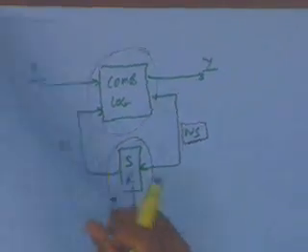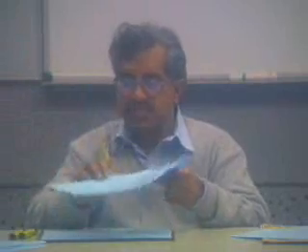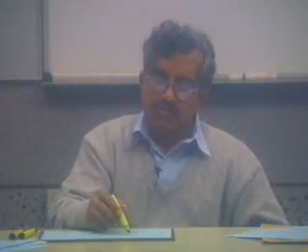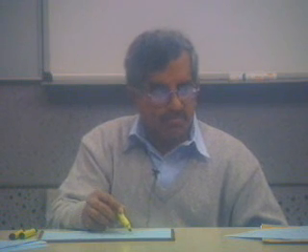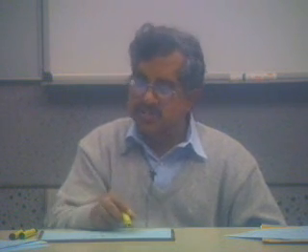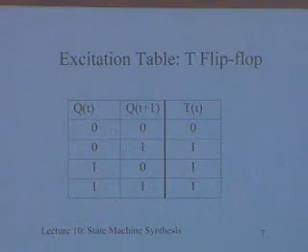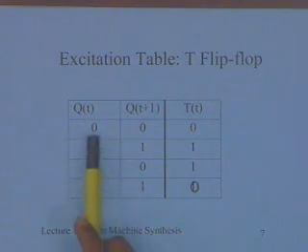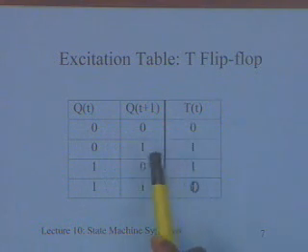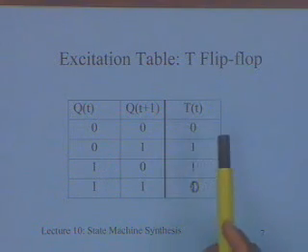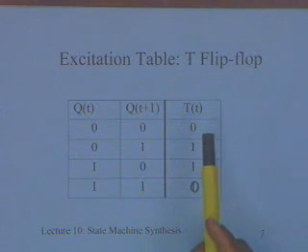So what this excitation table shows is, for any type of flip flop, how can I go from each present state to the next state? That is, if Qt is 0 and Qt plus 1 is 0, what is the input required to go from Qt to Qt plus 1? This is for a T flip flop; one can draw this for a D flip flop, or for a JK flip flop.